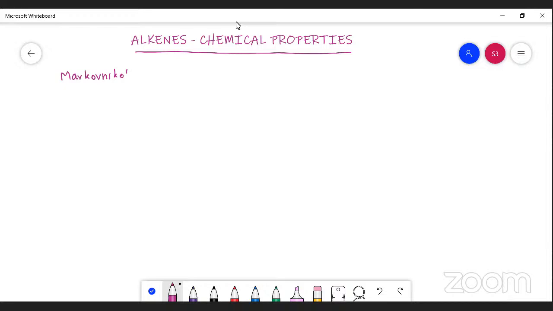What is the Markovnikov rule? Here, in an unsymmetrical alkene, we are taking propylene, that is CH3-CH=CH2.